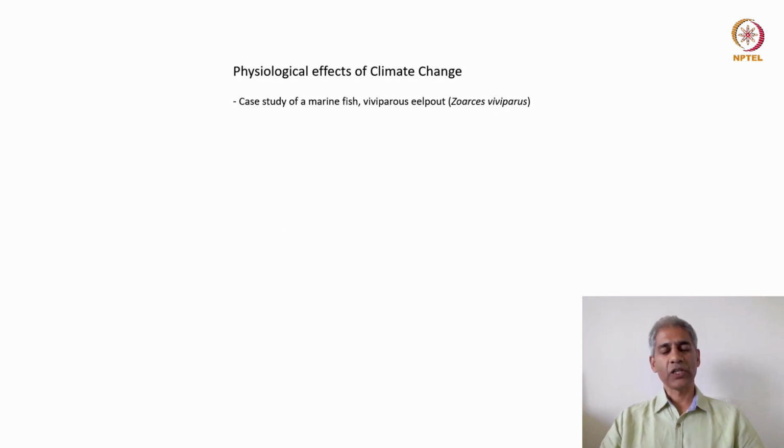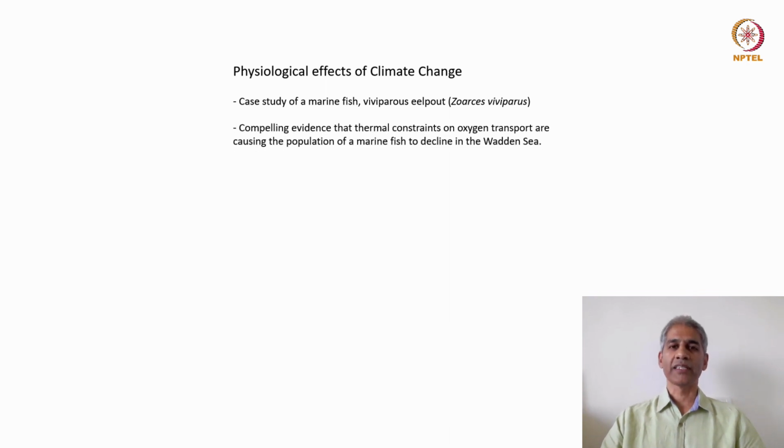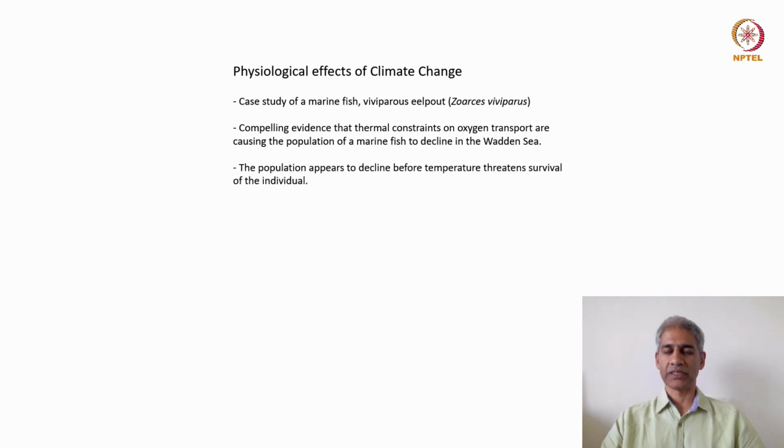Finally, we look at physiological effects of climate change, and the study here is on a marine fish called an eelpout. What this study showed was that because of warming, there was a serious constraint on the oxygen transport, which led to a population decline of this marine fish in one particular location.